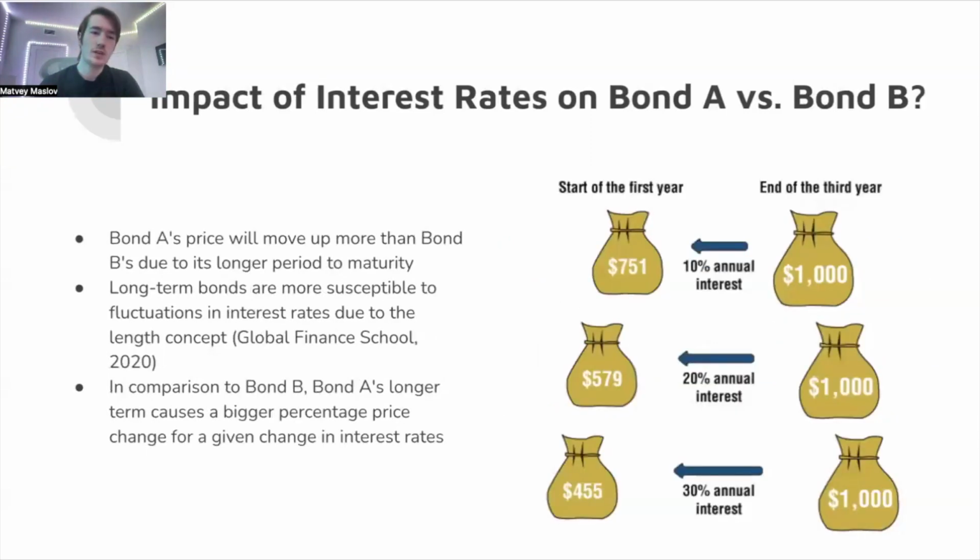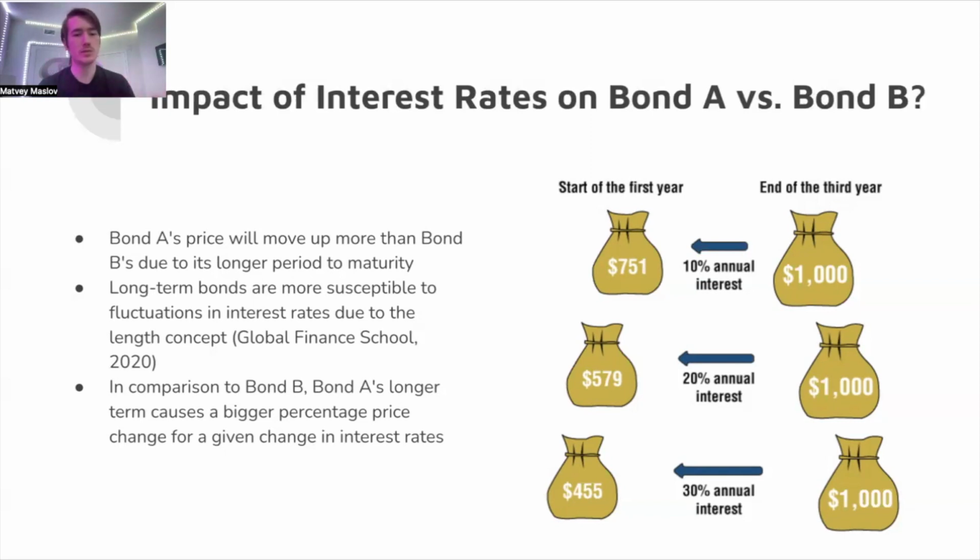Let's continue looking at that case. In this example, bond A's price will move more than bond B's due to its longer period to maturity. We're talking specifically about an increased interest rate in a specific year and how it would impact both of those bonds. Long-term bonds are more susceptible to fluctuations in interest rates due to the duration concept.